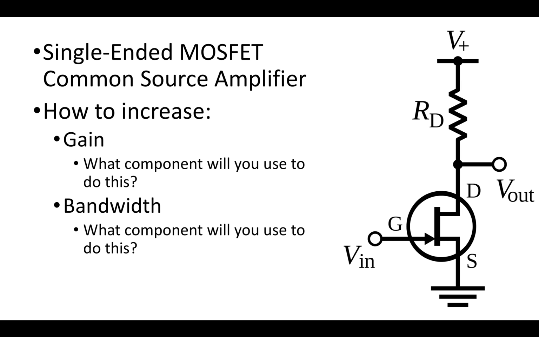And in order to manipulate the system and the signal how we please, we can do this in a couple of ways. One of them is to increase the DC gain of the amplifier, and we can do this by increasing the width of the MOSFET here. By increasing the width, the transconductance increases, which makes the gain increase.